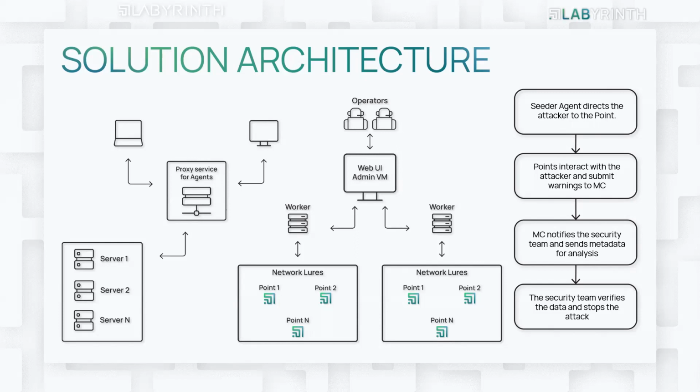The incident flow goes exactly from directing the attacker to the decoys. Then we get the alerts that are grouped in the management console, and then the security team can take action based on this information.